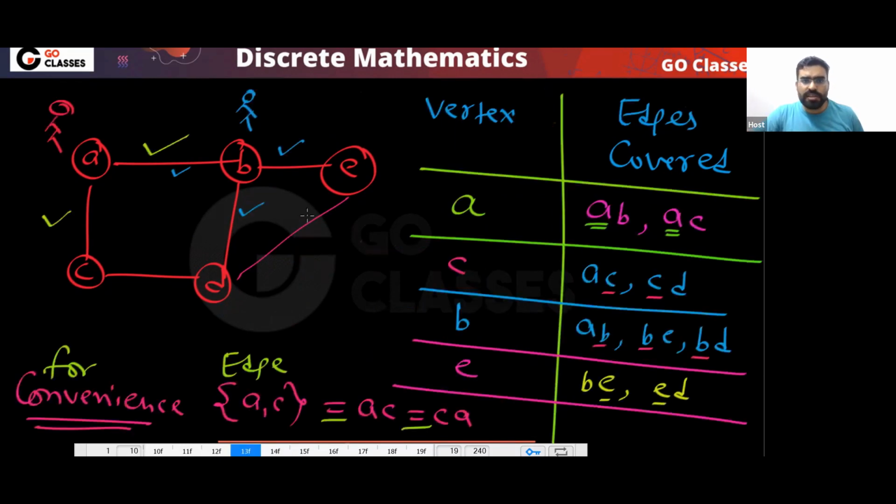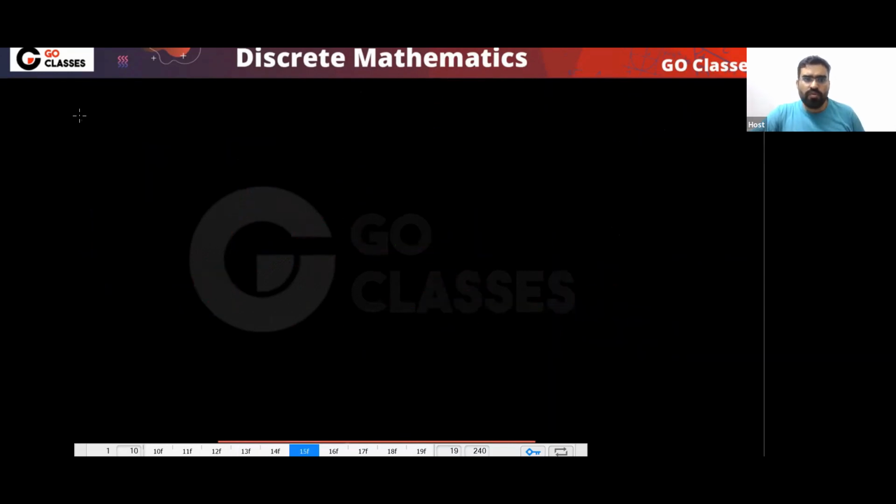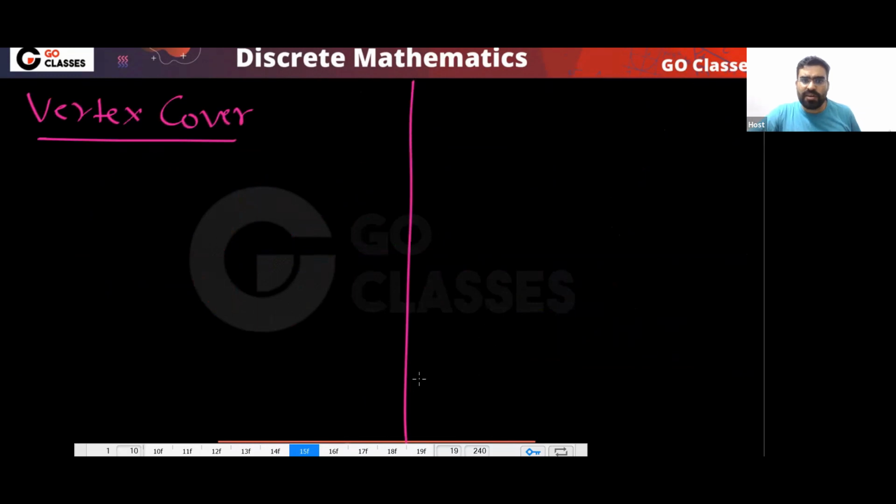So here you can notice, if I put the security guard on vertices, then edges will be covered. Here vertices are covering edges, and here edges are covering vertices. Okay, so now what is vertex cover? Vertex cover means vertices will cover edges, and edge cover means edges will cover vertices.